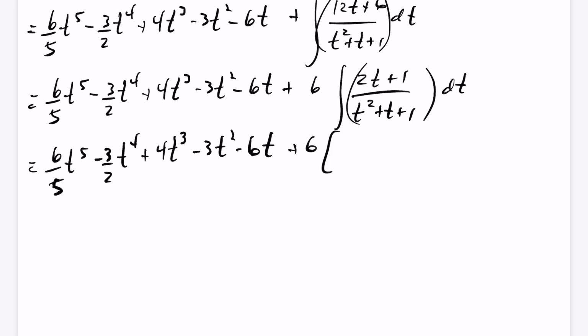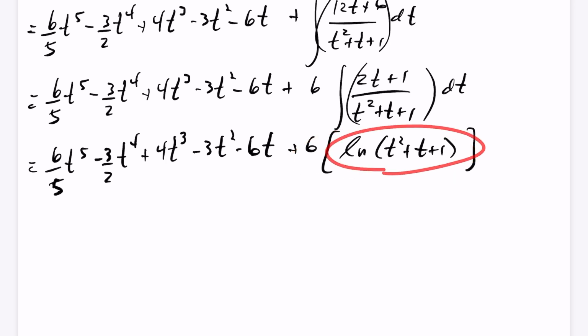This will end up being the ln of t squared plus t plus 1. Now, when I go to take my derivative of this, just to check to make sure they line up, the derivative of this is going to be 1 over t squared plus t plus 1, and the derivative of the inside is going to be 2t plus 1, which is exactly what we have. So I can go ahead and add my constant value k.